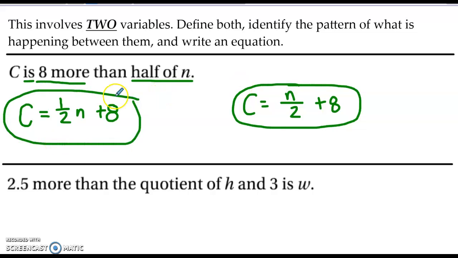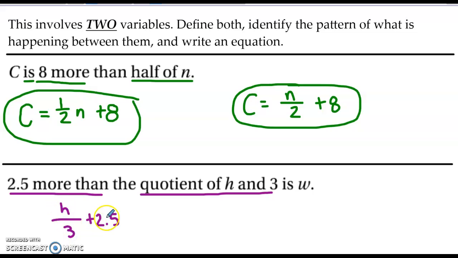All right, 2.5 more than. So we want to be 2.5 more than. So we're adding 2.5 to something. So we're adding 2.5 to the quotient of h and 3. So 2.5 more than the quotient means we are dividing h and 3.